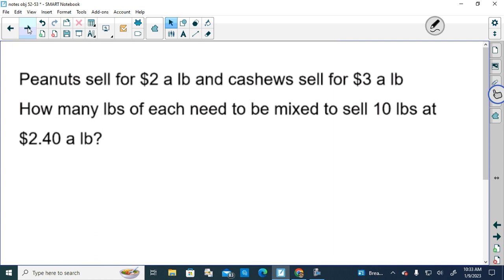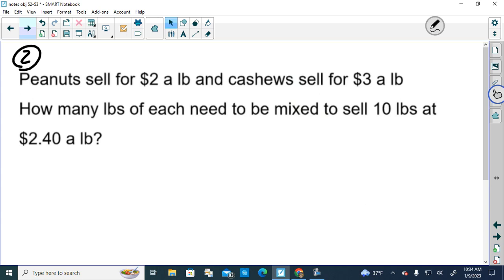And we'll put this one as number 2. Okay, so peanuts sell for $2 a pound and cashews sell for $3 a pound. How many pounds of each need to be mixed to sell 10 pounds at $2.40 a pound? Remember, we have a total statement and a mixture statement.